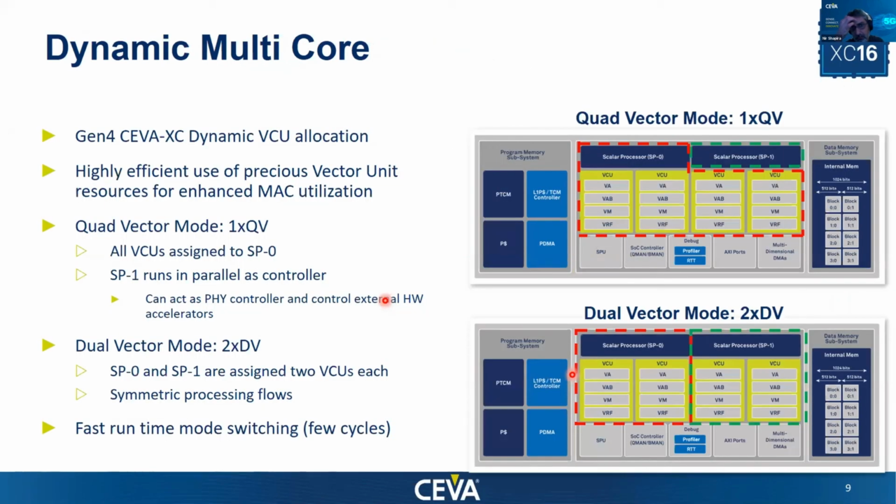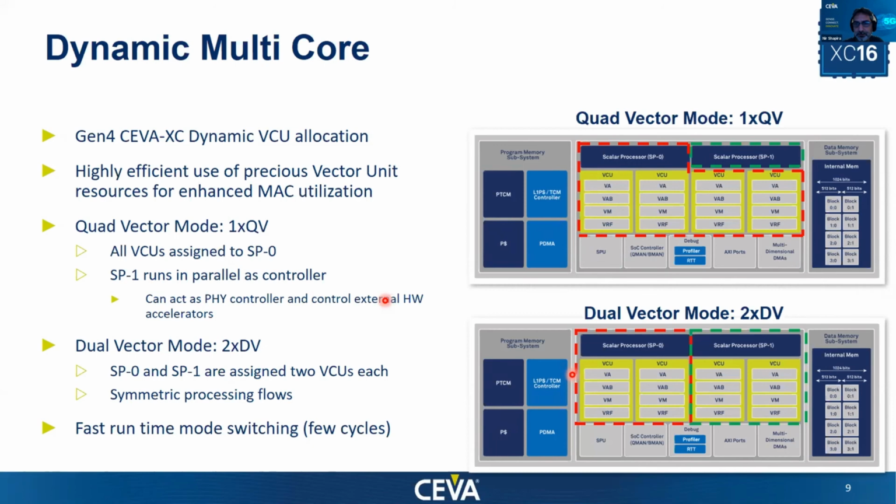So let's first touch upon this unique feature of what we call the dynamic multicore. This is in fact the highlight of this Gen 4 architecture. It allows a dynamic VCU allocation that really allows very efficient use of this precious vector unit at the center of the core.